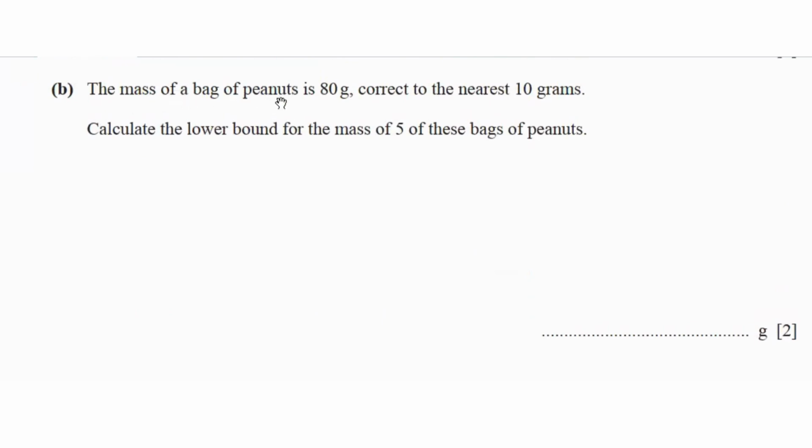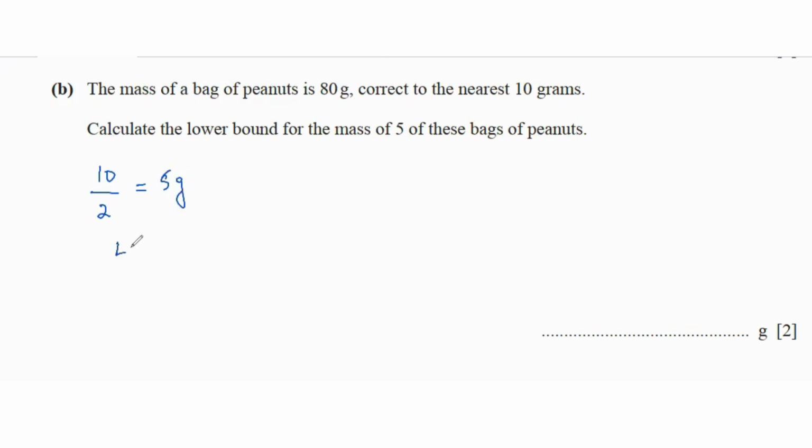The mass of a bag of peanuts is 80 grams, correct to the nearest 10 grams. Calculate the lower bound for the mass of 5 of these bags of peanuts. So what we will do is, we'll first find the degree of accuracy by dividing 10 grams by 2. So 10 divided by 2 is going to be 5.